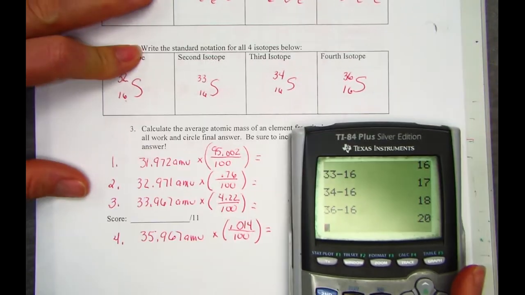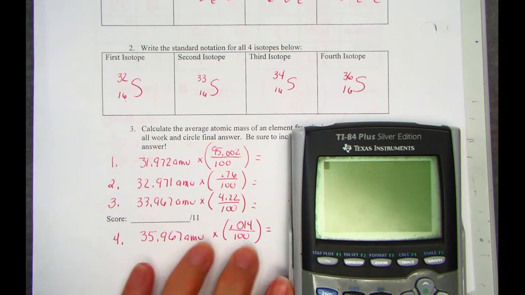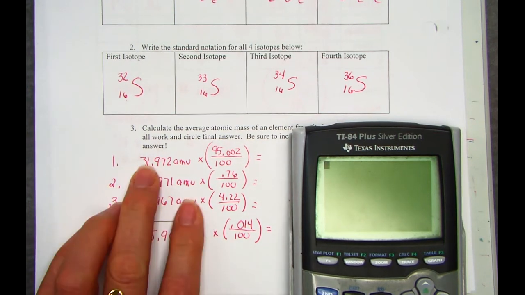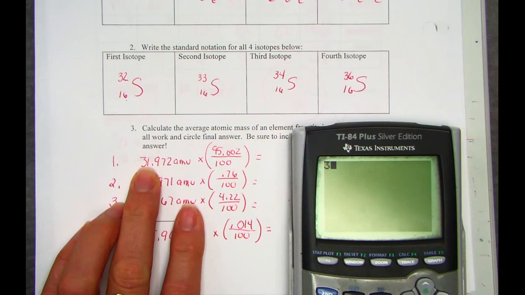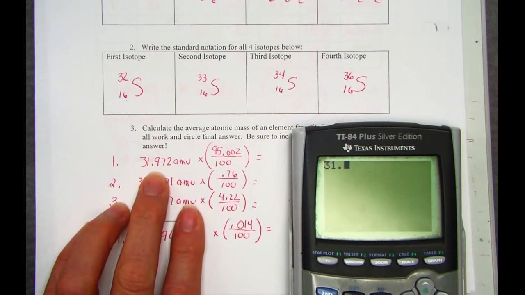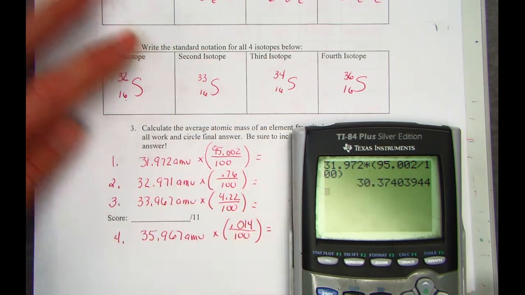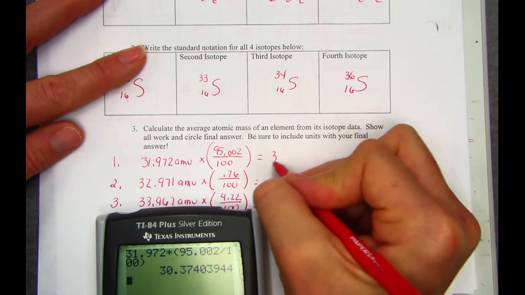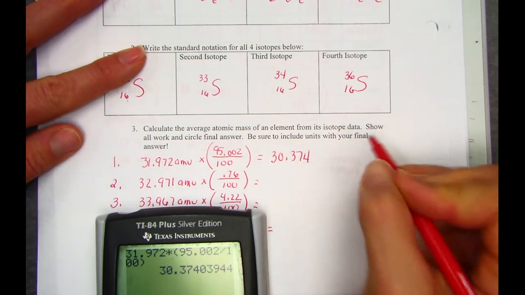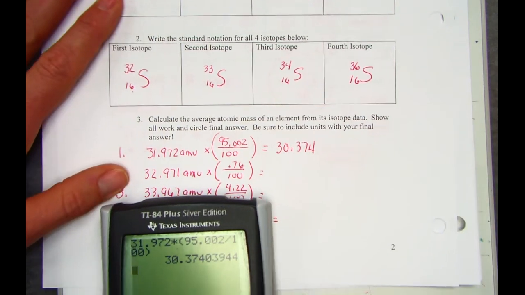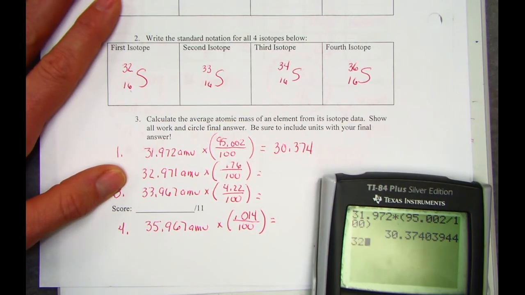Let's hit that together on our calculator. Pause if you need to, hit it out, and let's reach a common answer. First one, 31.972 times 95.002 over 100. I get 30.374. Second one, 32.971 times 0.76 over 100.